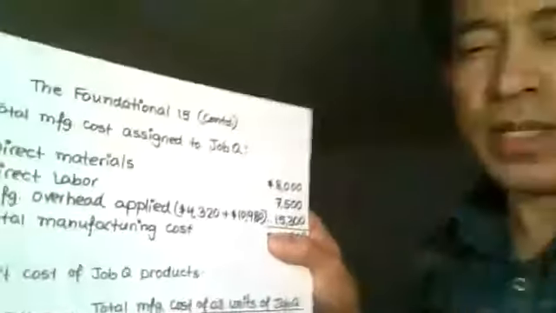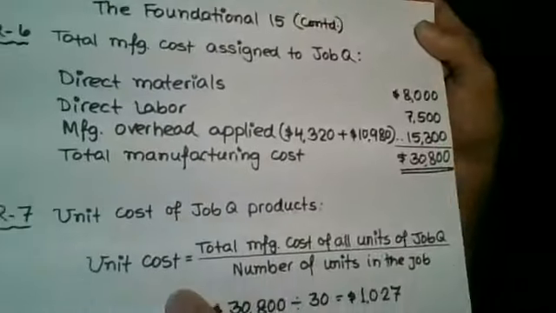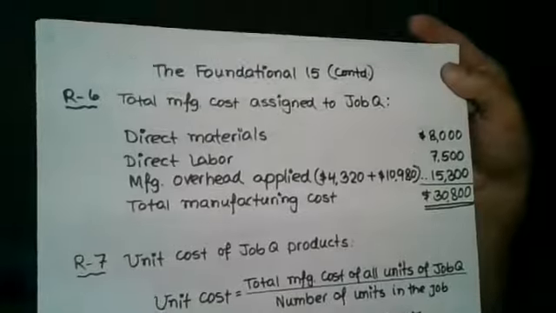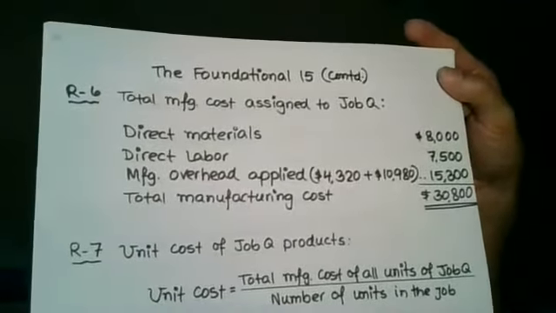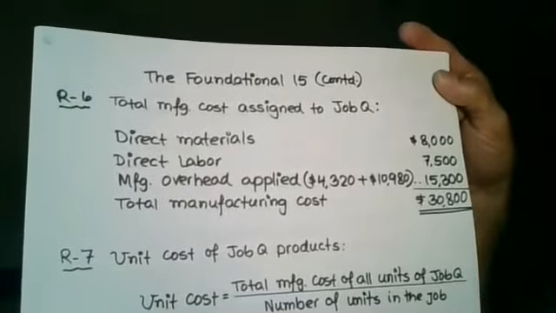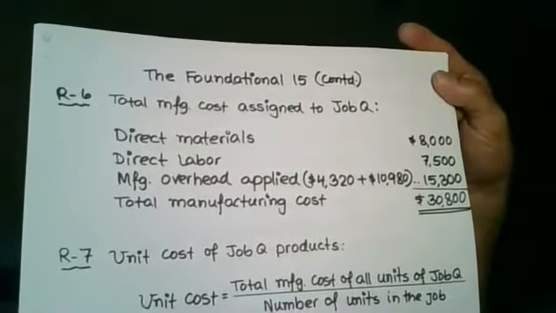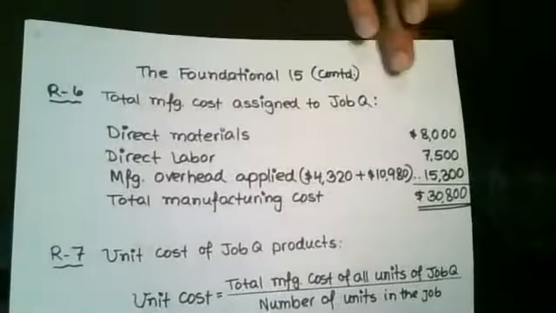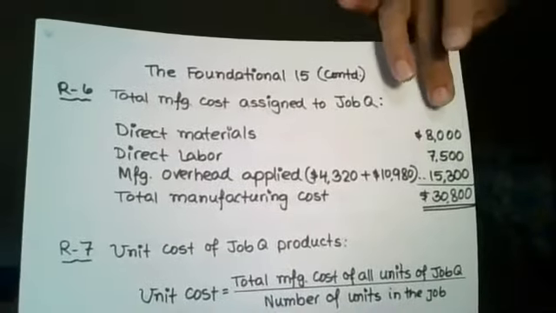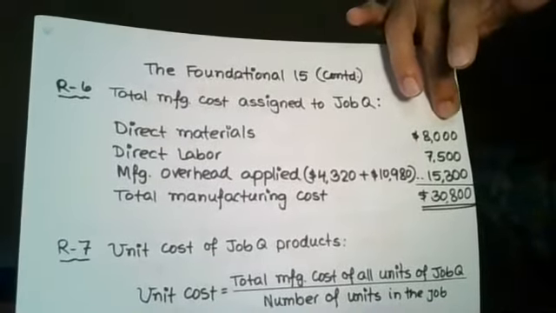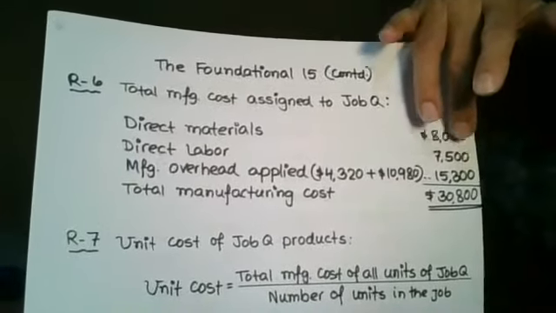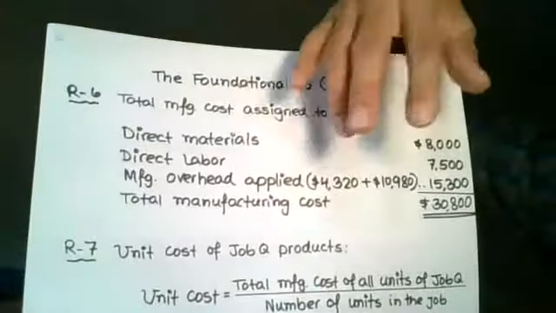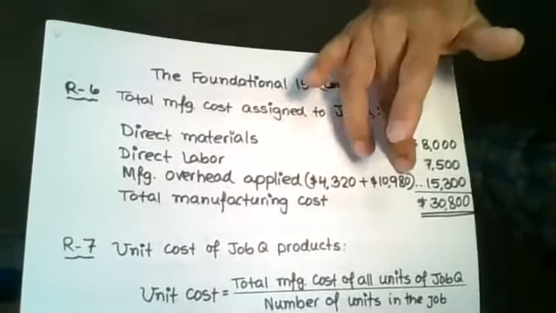Now, requirement 6, see what it says. Requirement 6 is total manufacturing cost assigned to job Q. So just repeat the same process that you did for job P. So their materials here was $8,000 to job Q, labor is $7,500, and manufacturing overhead, remember the two, molding and fabrication.